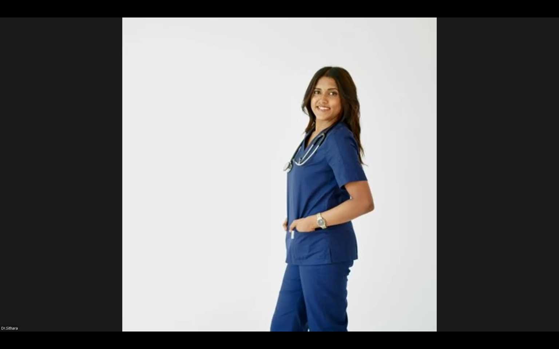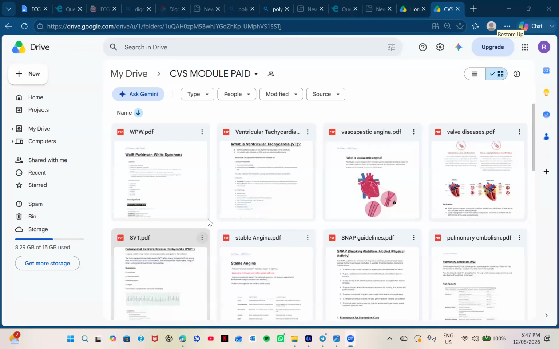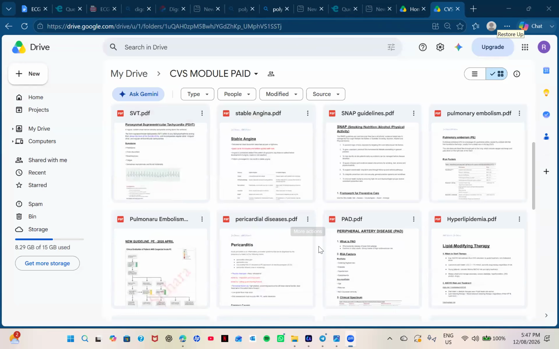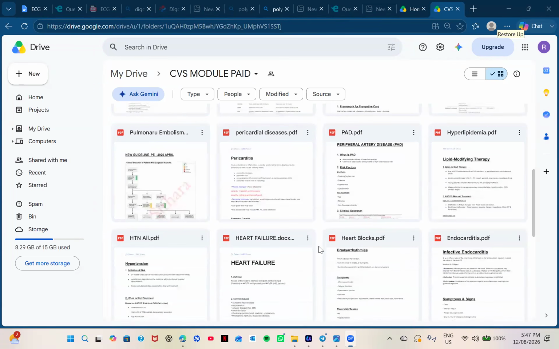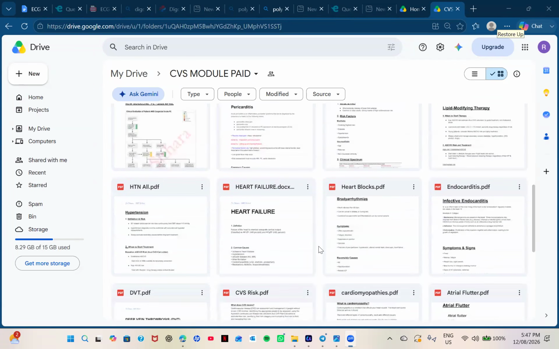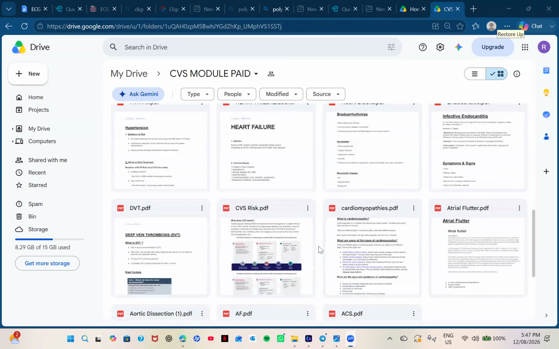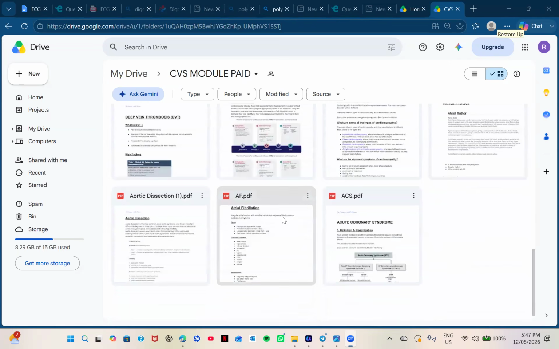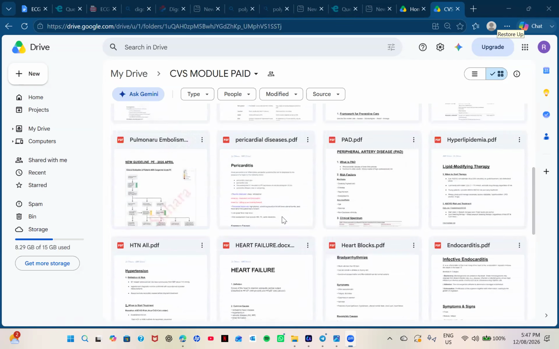Yes, so arrhythmia is important. Mm, my sweet is stable angina. Yeah, atrial fibrillation we just discussed, right?